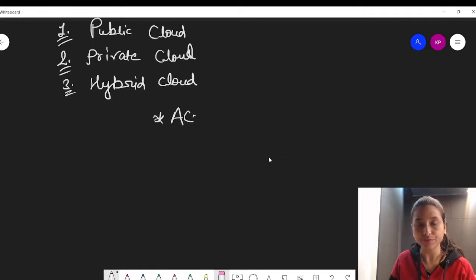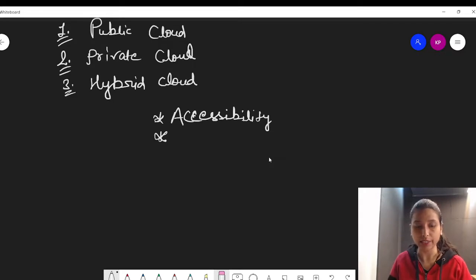The first point on which we will differentiate is accessibility. The second feature on which we will differentiate the cloud models is security. Just wait a while, you will be able to understand each and everything.